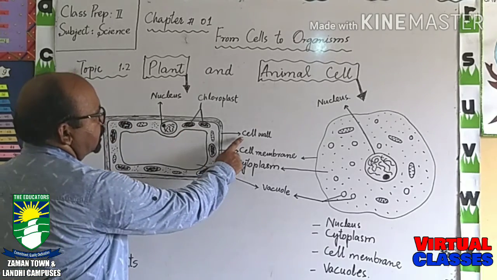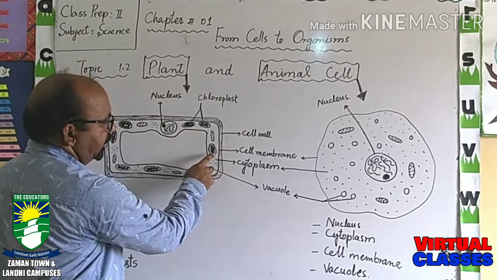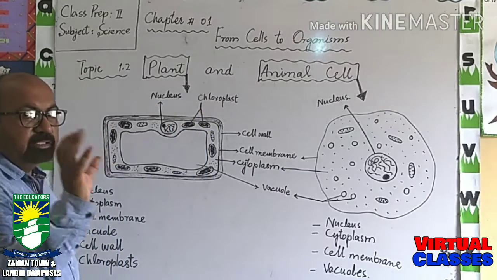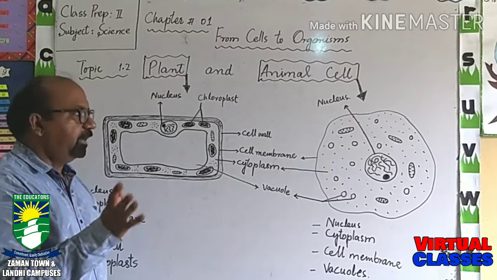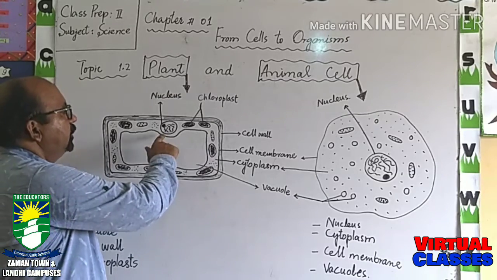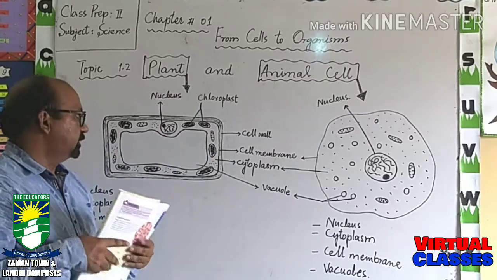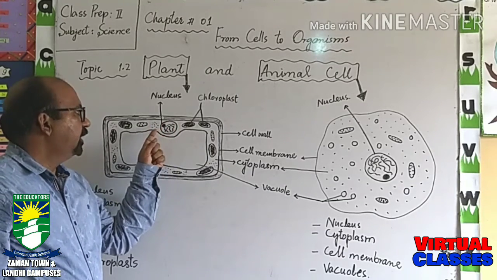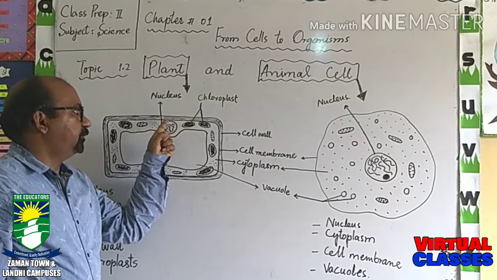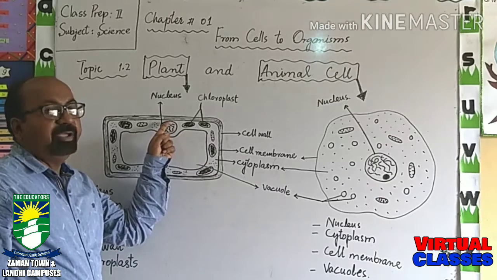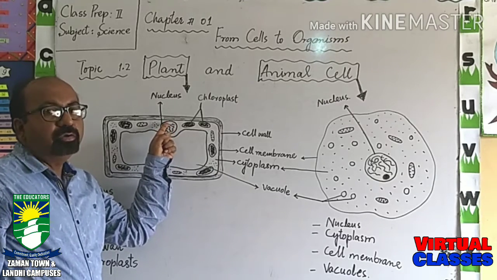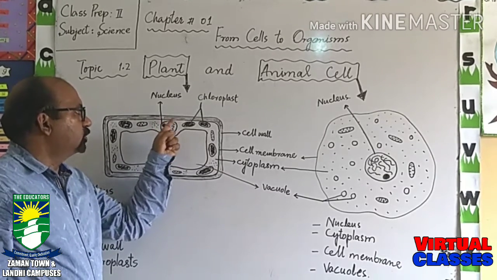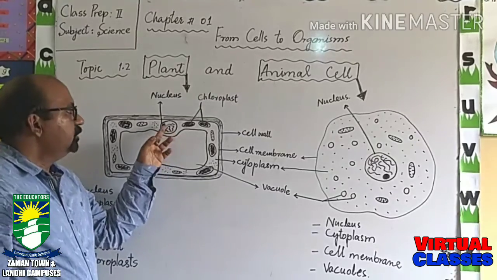Now we have discussed cell wall, cell membrane, cytoplasm and chloroplast. The most important part of the cell is nucleus. Nucleus is almost round in shape, and it has a membrane that is called nuclear membrane, which encloses the nucleus.